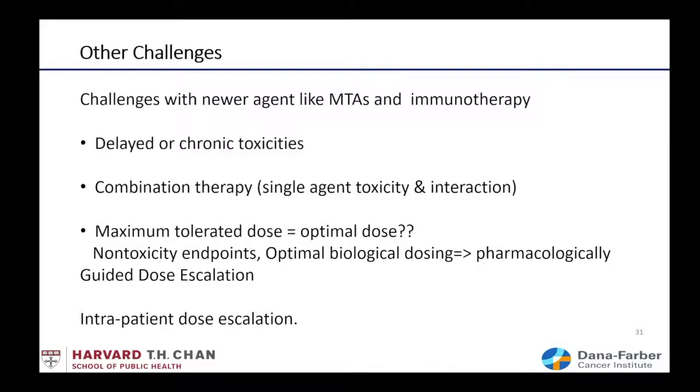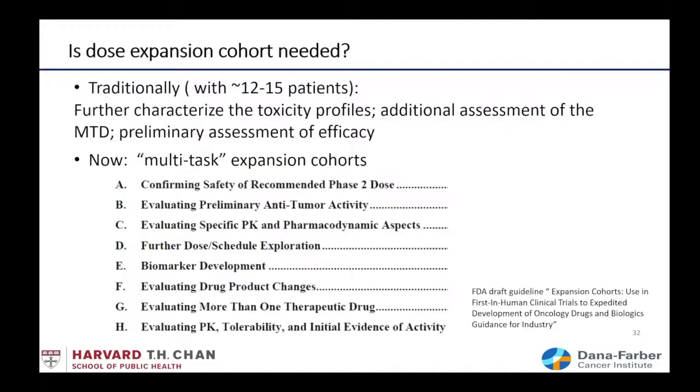If you really care about the optimal biological dose, then maybe pharmacologically guided dose escalation should be used instead of toxicity-guided dose escalation. Also, I did not cover anything about intra-patient dose escalation, so you can see phase 1 design can be really complicated.